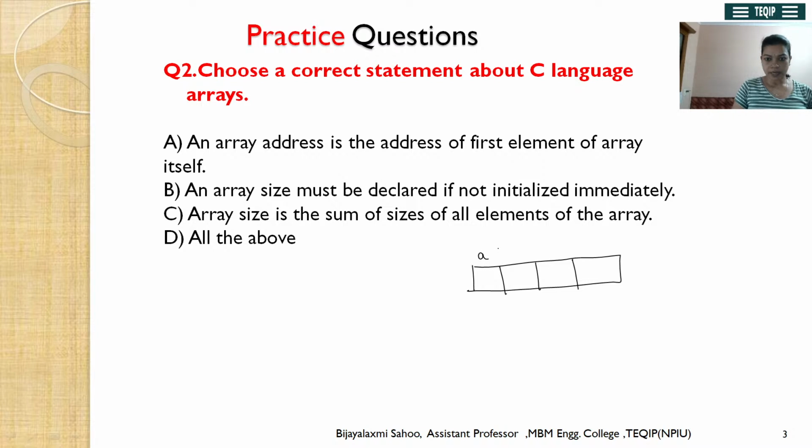If this is an array of 4, this is 0, 10, 20, 30, 40. This is the 0th element, 1st element, second and third element.